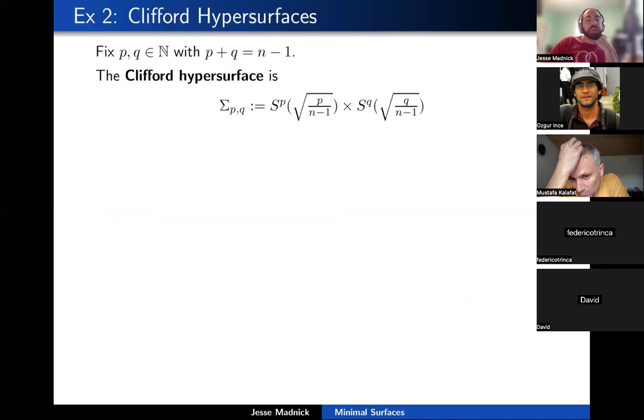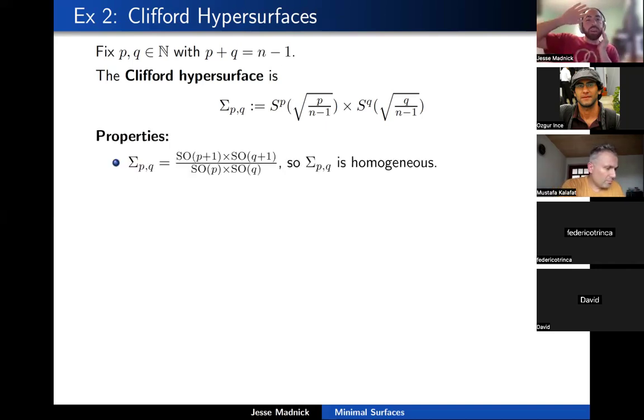The second simplest example for sure are the Clifford hypersurfaces. They work like this. Fix natural numbers p and q adding up to n minus 1. The Clifford hypersurface in the n-sphere is denoted sigma_{p,q}. It's just the isometric product of the round p-sphere with the round q-sphere of those radii there. We need those radii so that it actually fits in the unit sphere. This is again homogeneous and therefore isoparametric.